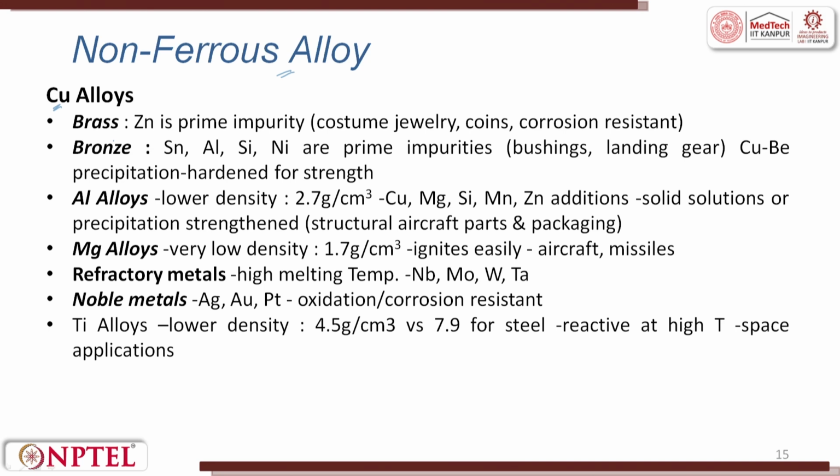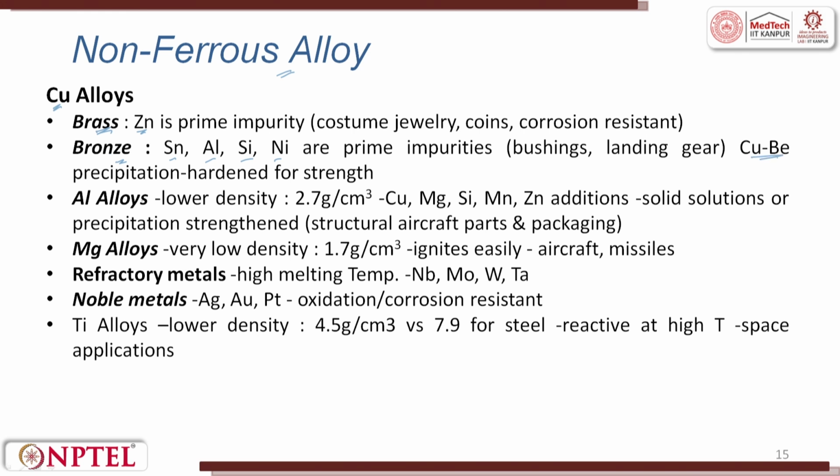Brass will always have zinc as its prime impurity, and is used to produce costume jewelry and coins, and for corrosion resistance, we always go for brass. Bronze is where we add Sn, aluminum, silicon, nickel, tin, right. Sn is tin. With bronze we make bushings, landing gears, all these things.